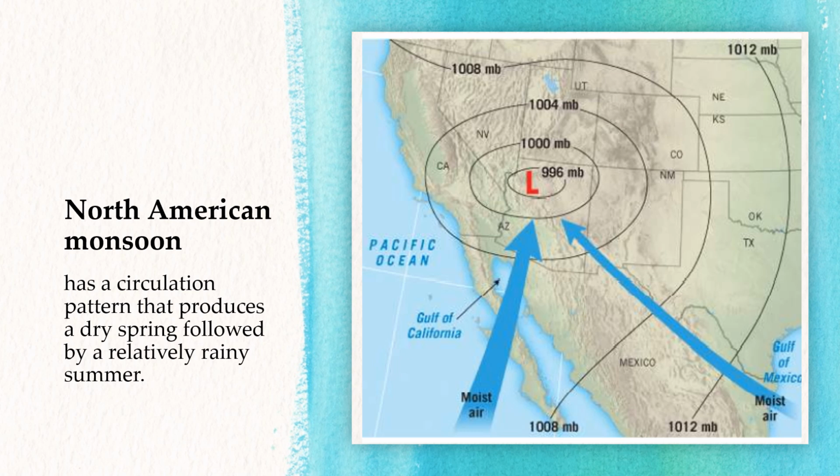The high temperatures create a thermal low that draws moist air from the Gulf of California and Mexico. This summer monsoon produces an increase in precipitation, which often comes in the form of thunderstorms, over the southwestern United States as well as northwestern Mexico. And that's what we call the monsoon.